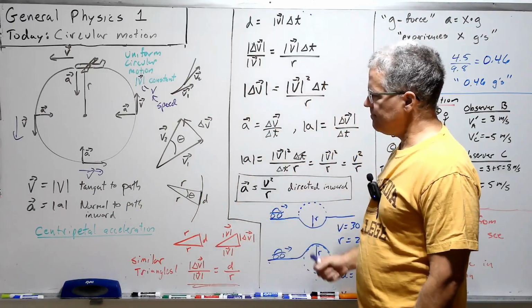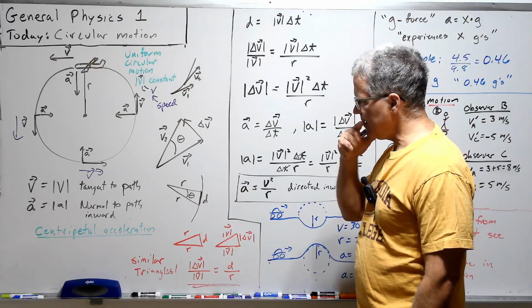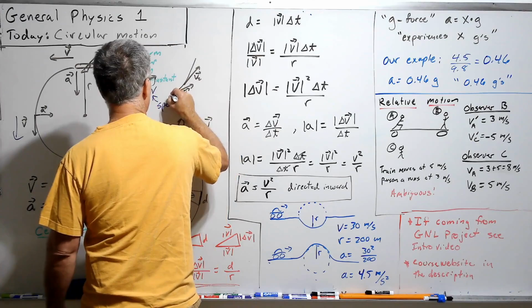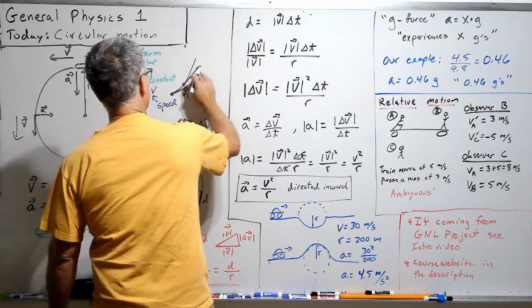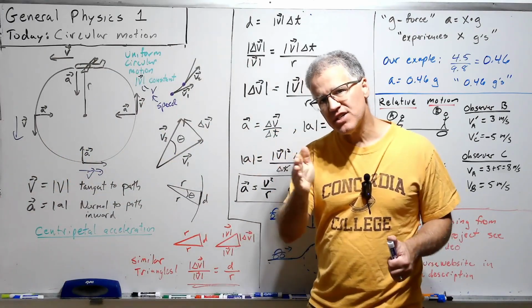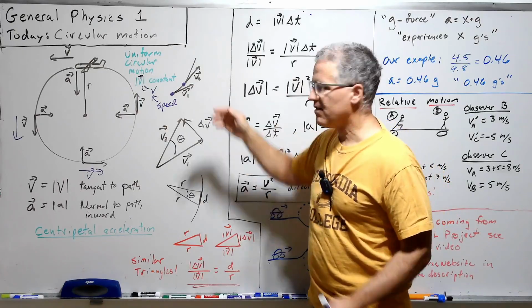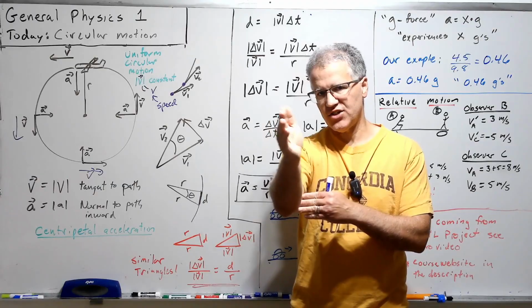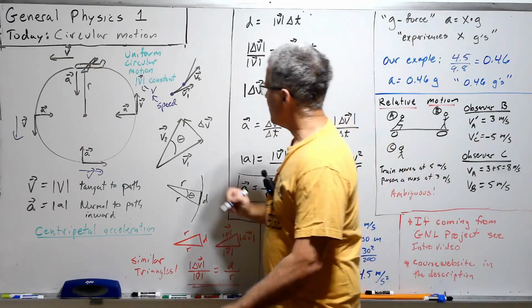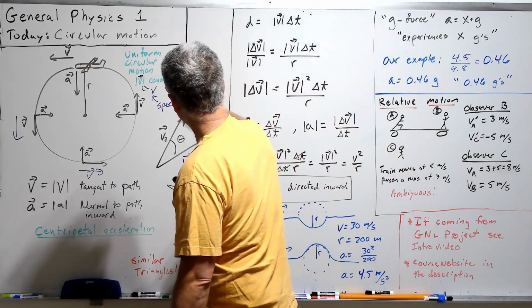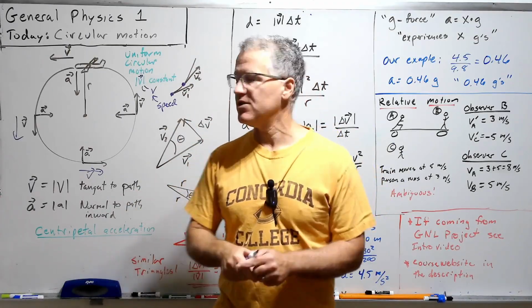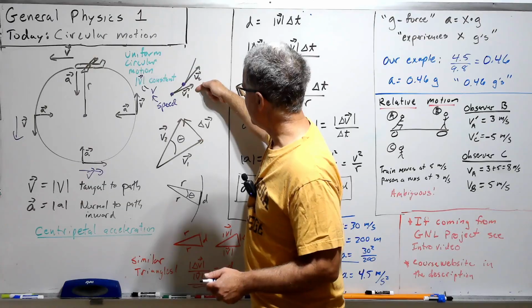Now, let's break this down. Let's take two very close points here. We've moved just a little bit along this circle, and our vector, the length has not changed, but the direction has changed just a little bit. So how do we compare vectors? Well, we're going to want to look at the change in velocity, so final minus initial, or v2 minus v1.